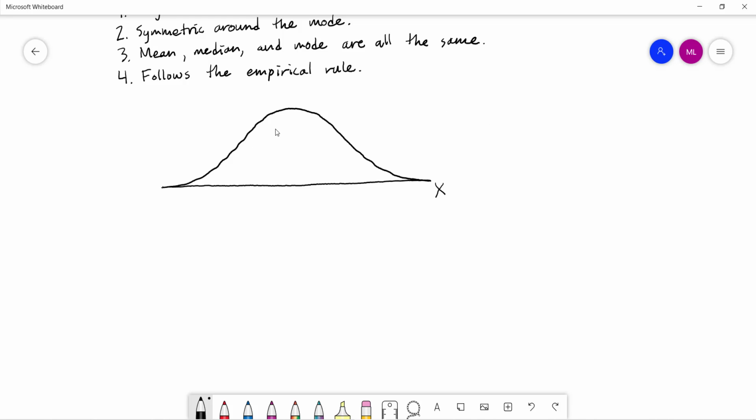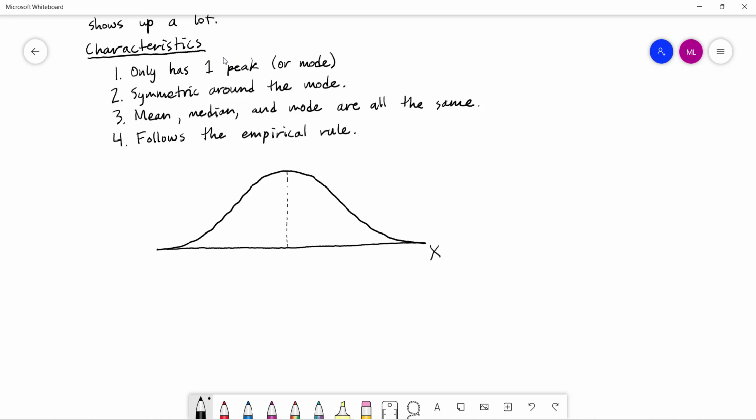If you see something like this, there's a good chance that it's going to be a normal distribution. But there are a few other criteria. So far, this picture only has one peak, and it's symmetric around that peak so that the mean, median, and mode are all the same value right where I just drew this vertical line. So this satisfies the first 3 criteria. In a minute, I'm going to draw some extra things to indicate that it also will follow the empirical rule.